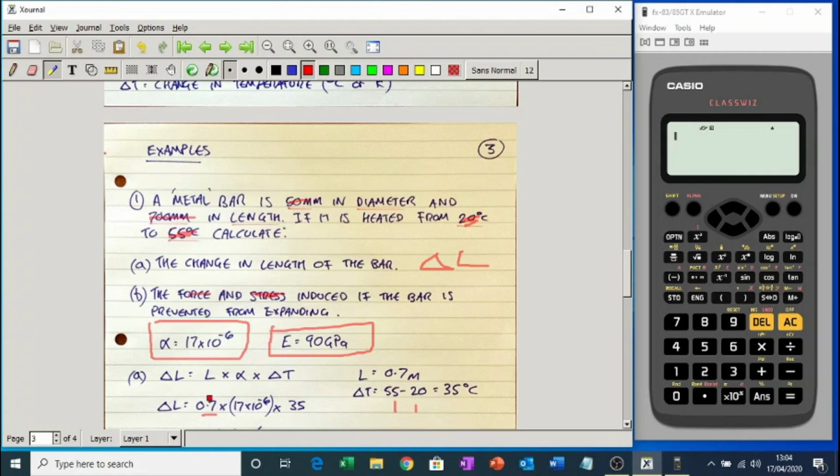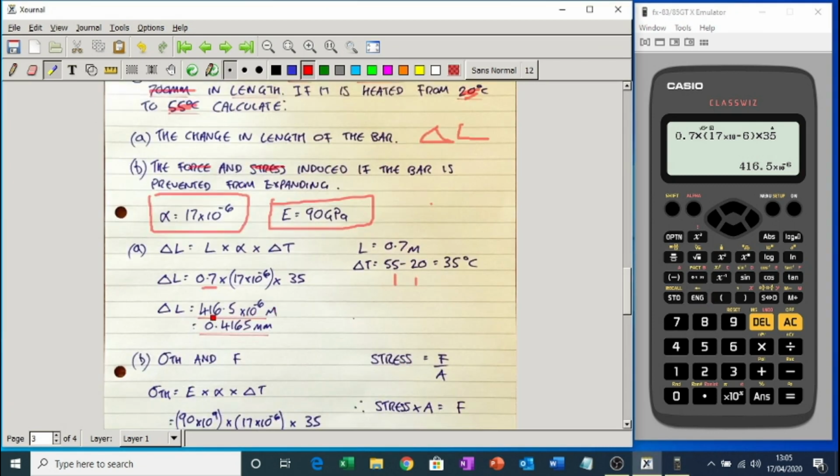If you wanted to, you could keep that length in millimeters and it would come out in millimeters. So 0.7 times 17 times 10 to the minus 6 times 35 gives me 416 times 10 to the minus 6 meters, or 0.4165 mm, which is tiny.